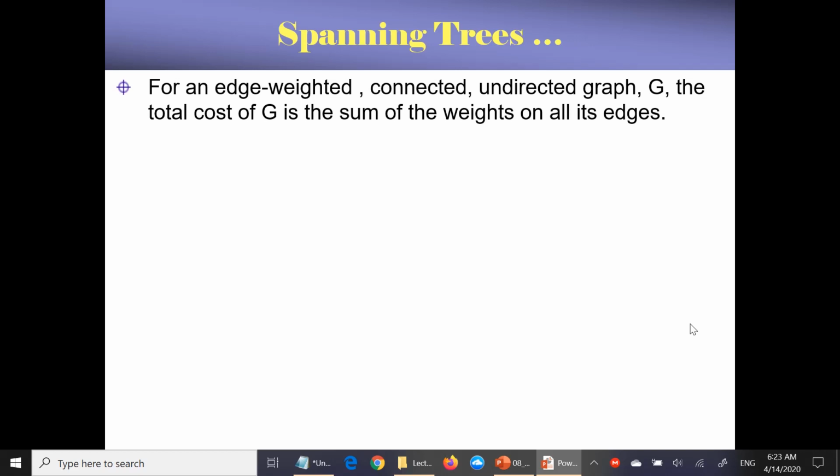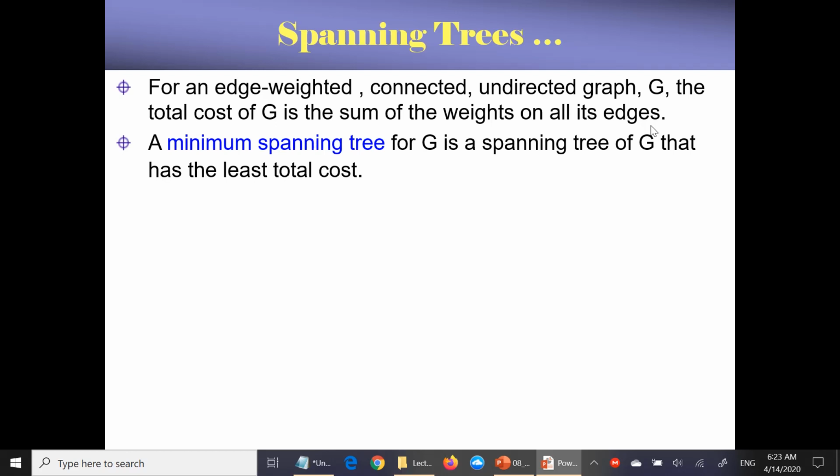But actually we are interested more in graphs that have weights in its edges. Okay, so here it says for an edge-weighted connected undirected graph G, the total cost of G is the sum of all the weights on its edges.